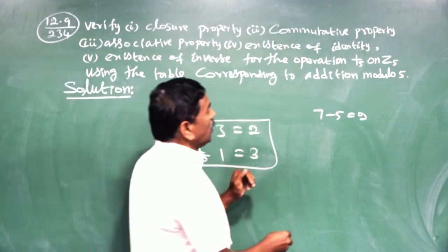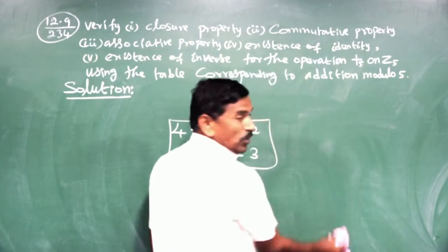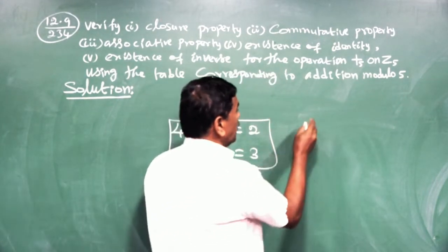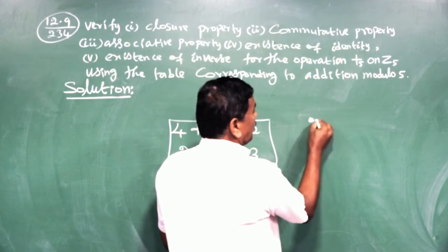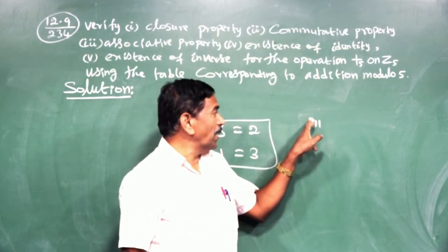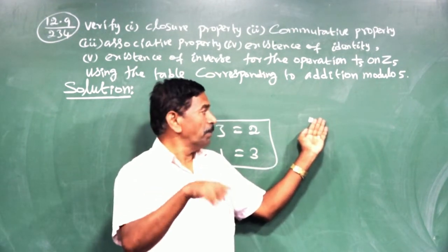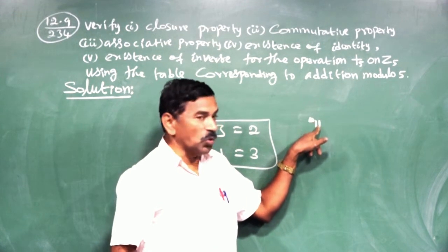Suppose the next operation is multiplication, for example, multiplication modulo 11. Multiplication just means usual multiplication, but it is multiplication modulo 11.